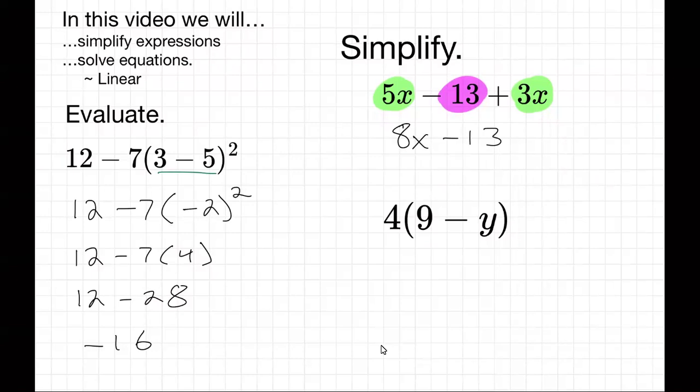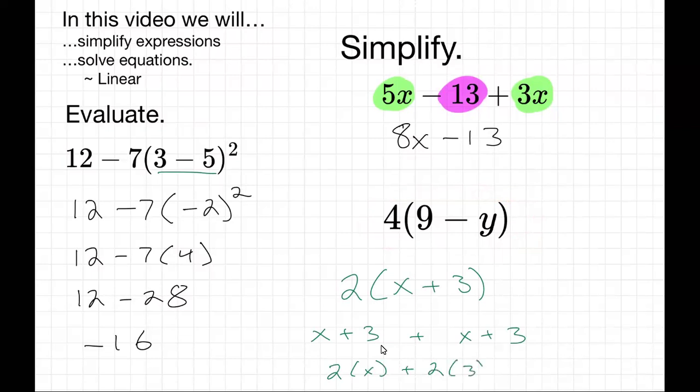The next skill we need for simplifying is going to deal with what we call multiplication, or distribution. If we look at another example here and we talk about that multiplication, if I gave us 2 times x plus 3, that's two groups of x plus 3 added together. Hopefully what you see there is that's going to be 2 x's and 2 3's.